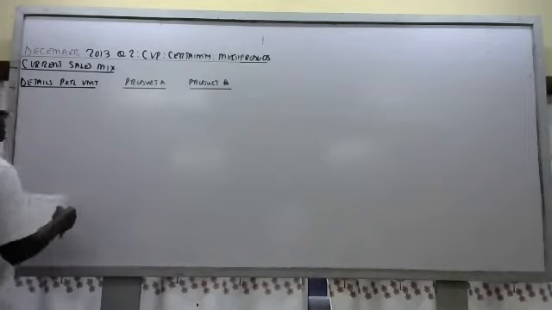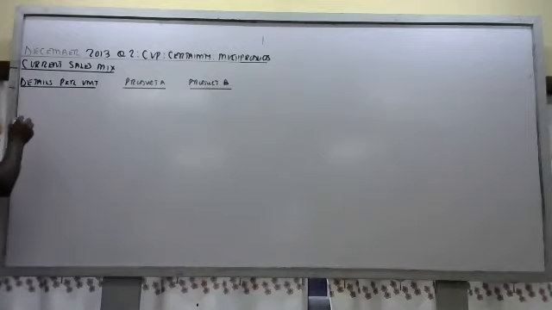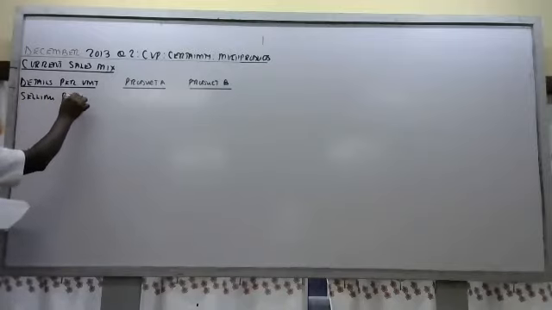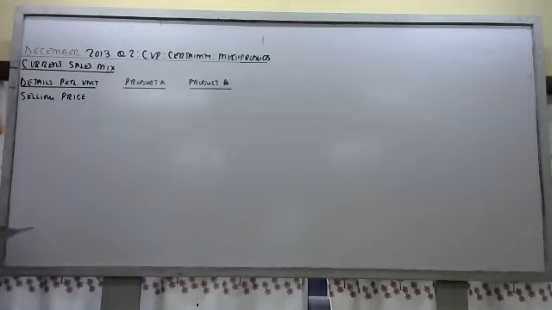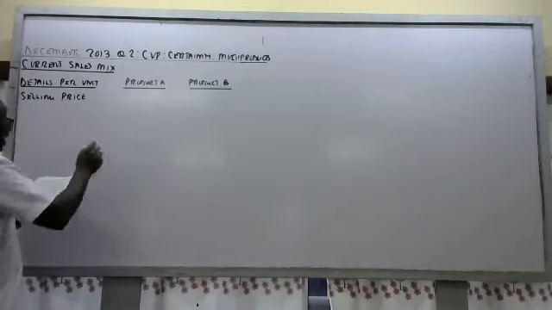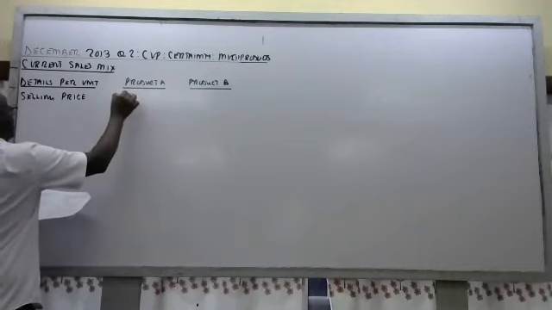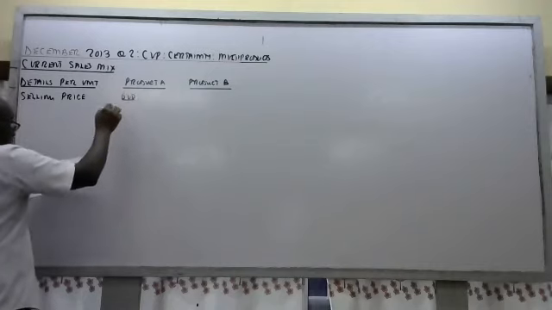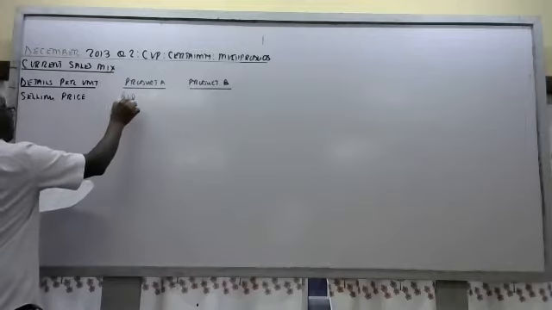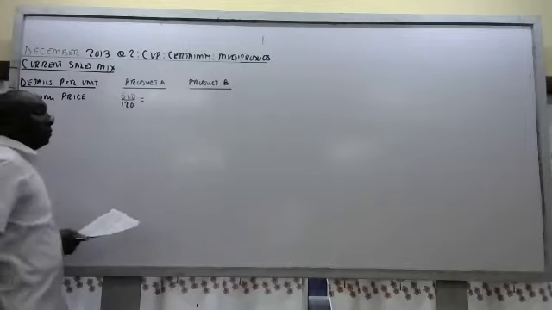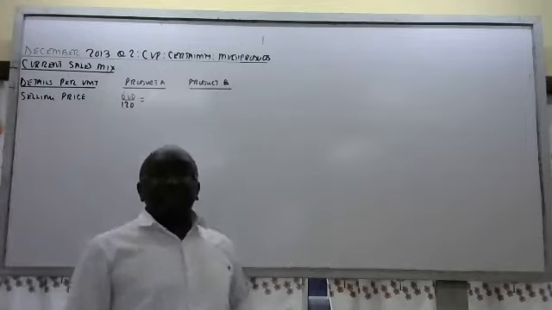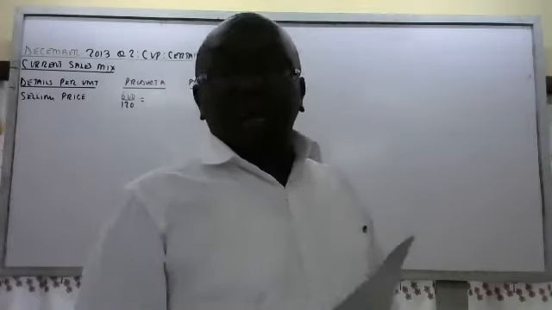So the first thing is selling price. So selling price, you will say it is 600, you divide by those units, which are 120. So 600 divided by 120 is how much?